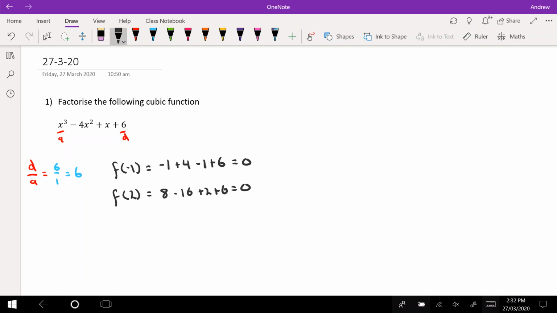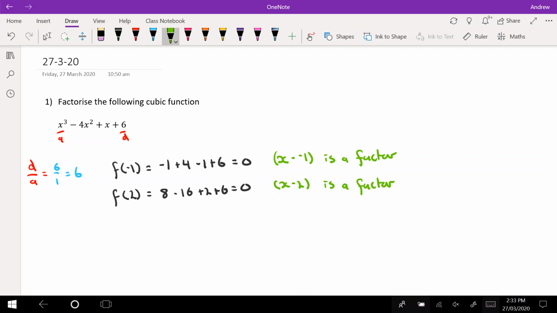So we know that x take -1 is a factor. And I'm writing it as take -1 because we want to remember that we take away the number that is the factor. And that x take 2 is a factor.